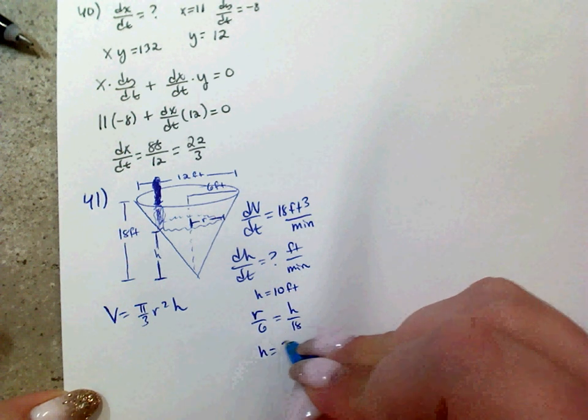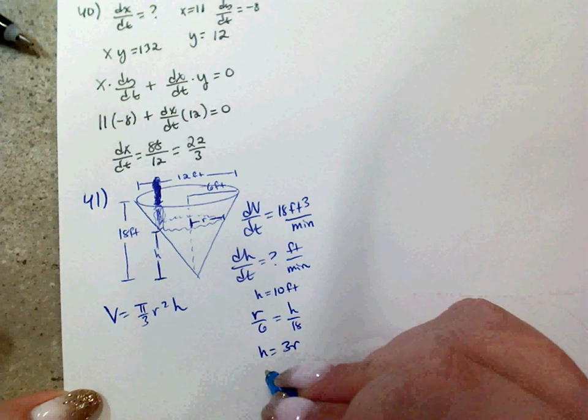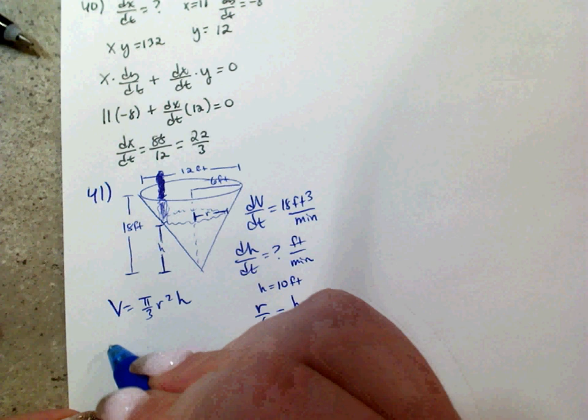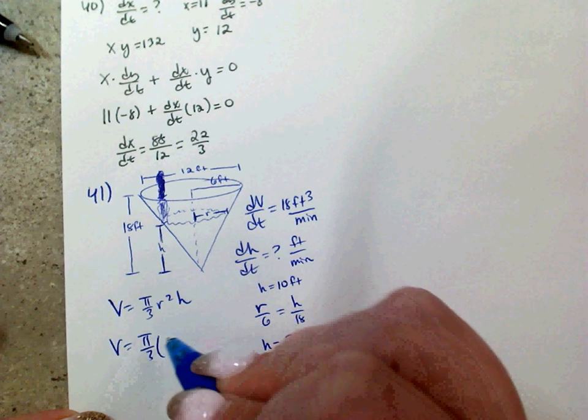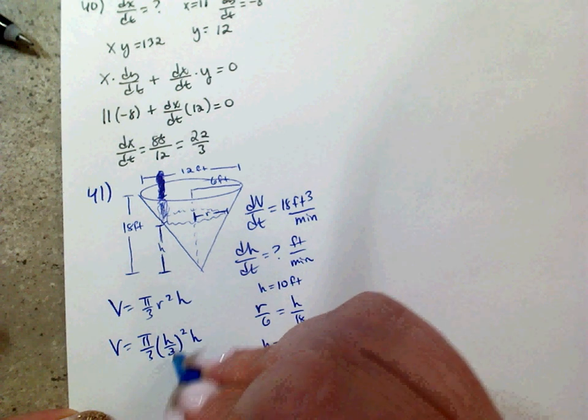But I'd rather have radius in terms of height, so radius is 1/3 the height. So volume equals pi over 3, height divided by 3 squared times height, which is height squared over 9. 9 times 3 is 27, so pi over 27 height cubed.